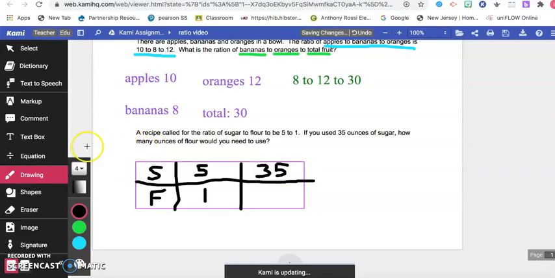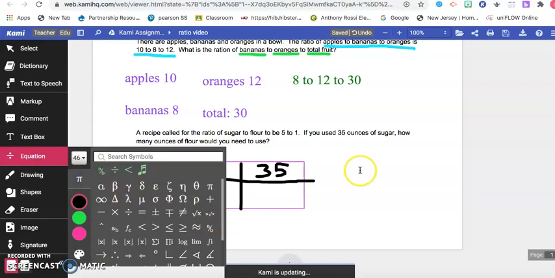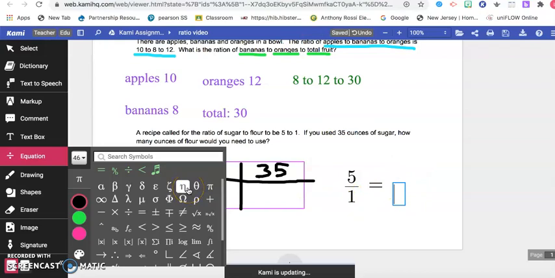So I can actually write this as 2 fractions. And I'm going to write 5 over 1 equals 35 over something.